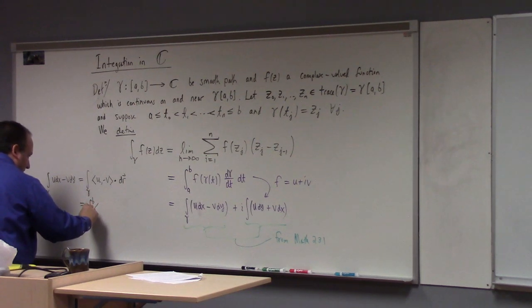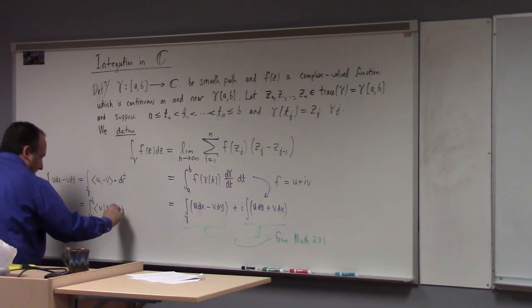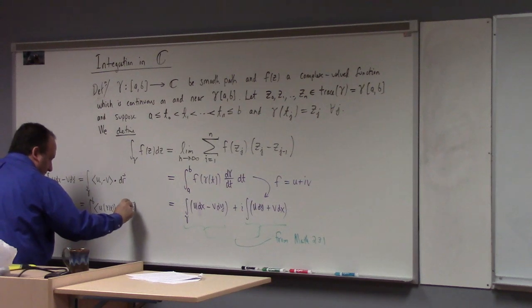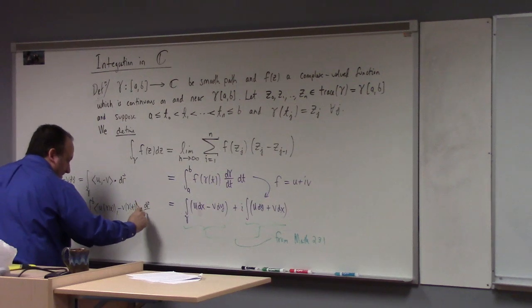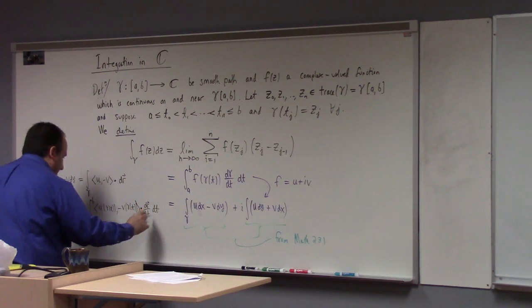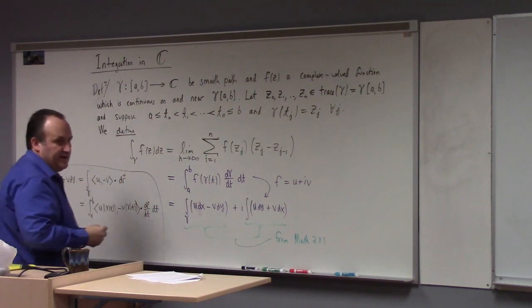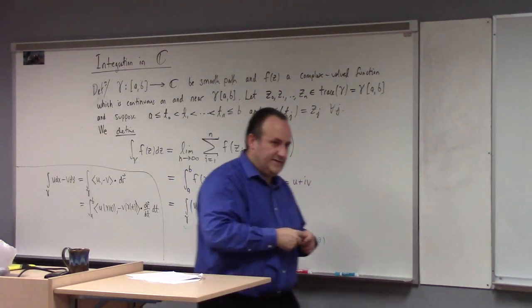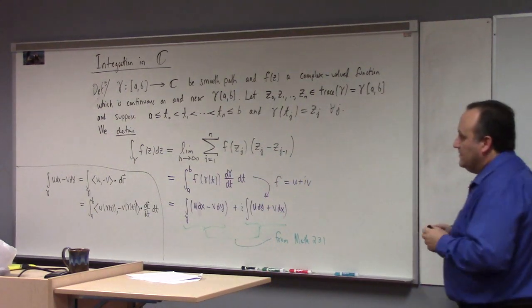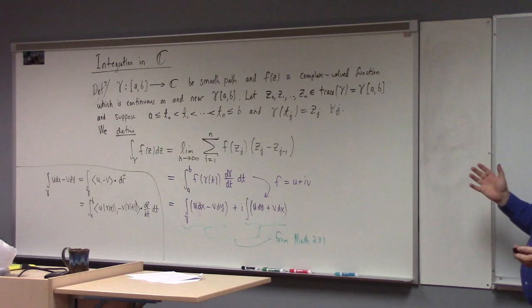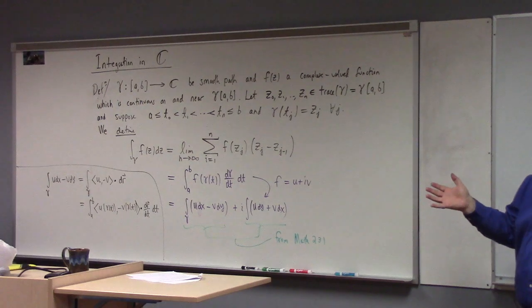We took our vector field, we evaluated it at gamma of t, and then we took the dot product with what? The velocity. And then we integrated over time. That is explicitly the Math 231 Calc 3 definition of line integral as it applies to that particular vector field u comma minus v. So what I'm telling you is that the complex integral is really a pair of line integrals for two vector fields.